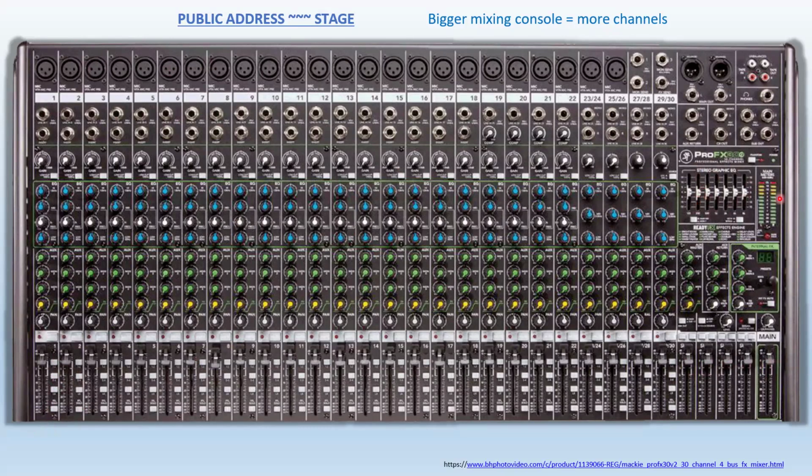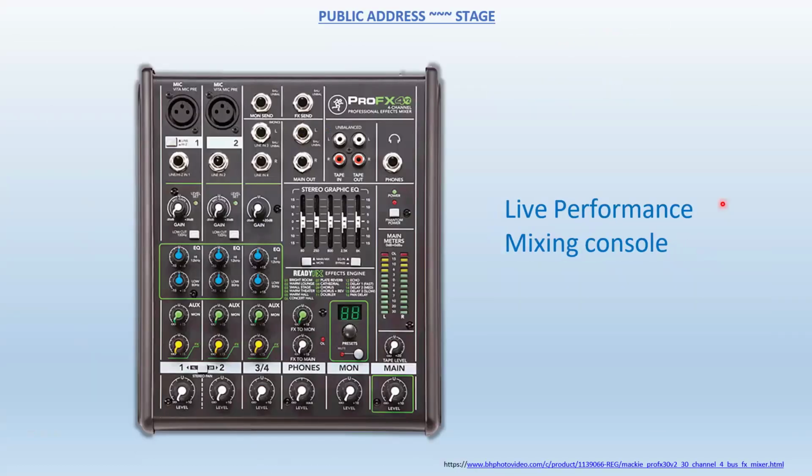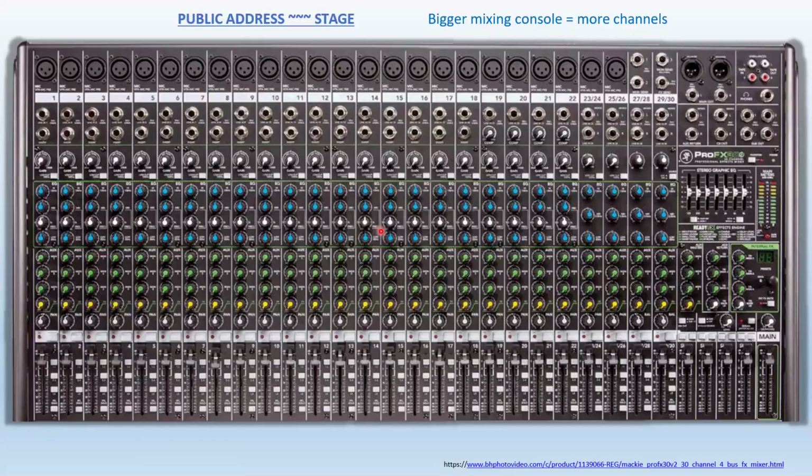And a little bit of a final EQ stage, which this one also has. See that here. So a bigger board is the same as the smaller board, except it's bigger. It has more channels, and maybe some more groups, and maybe some more auxiliary inputs.